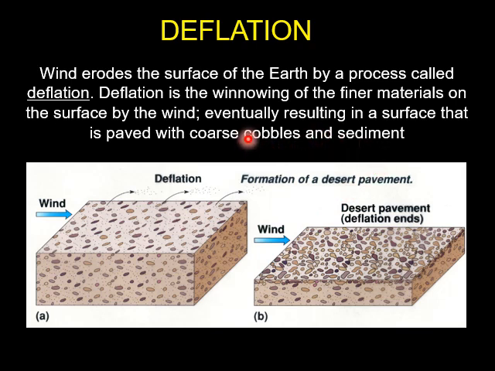Deflation is a very important process in Aeolian environment. The wind erodes the surface of the earth, and this process is called deflation. It is the winnowing out of finer materials that eventually results in a surface that is paved, comprising pebbles and cobbles as sediments.